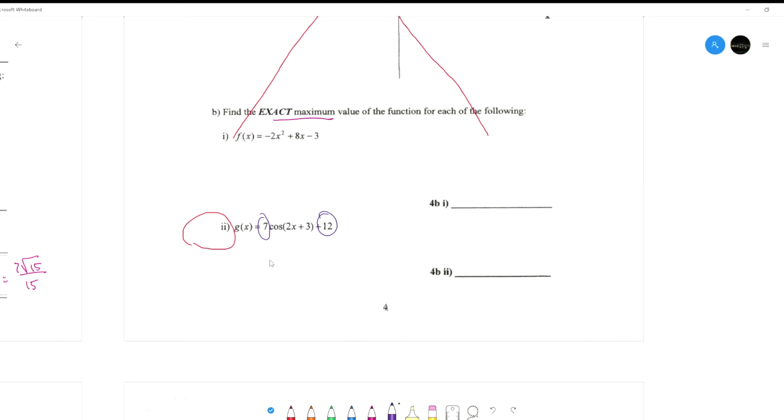I start off with the vertical shift and I add the amplitude and subtract the amplitude. So that tells me max and min. So 19 and 5. Okay, any questions with that? Right, so this one they're asking for exact max. So for this one I would just put 19.